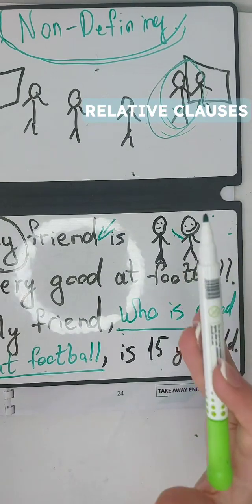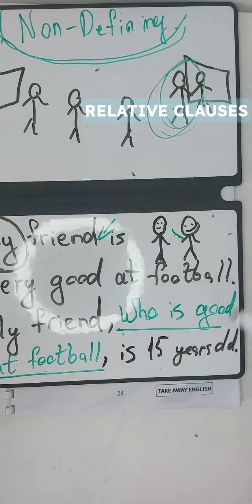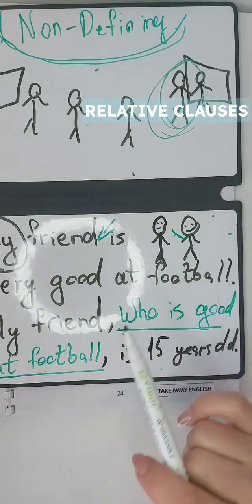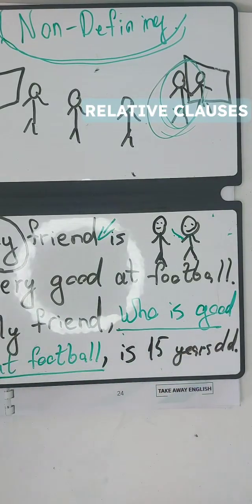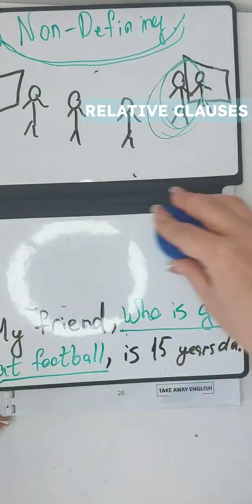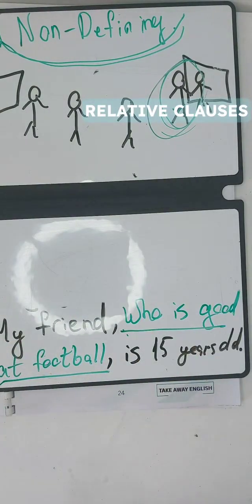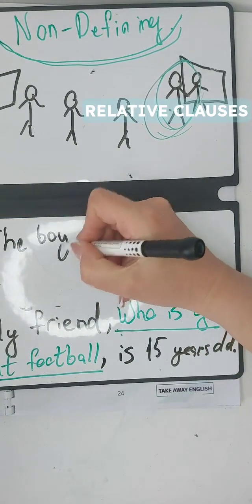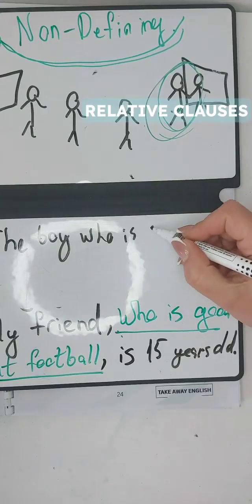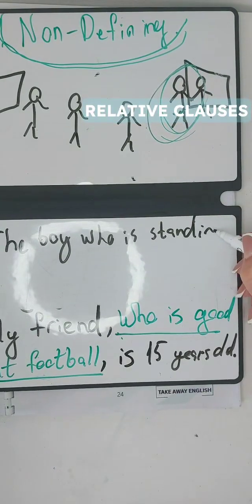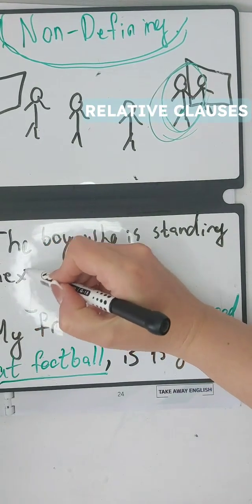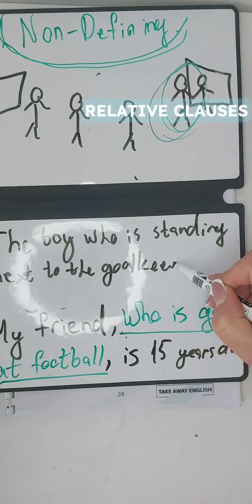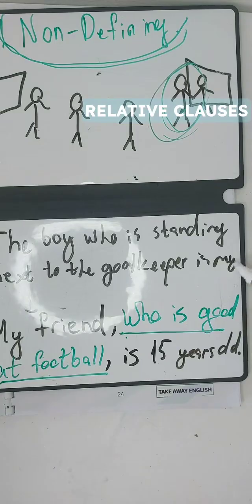Now, can you notice the difference between defining and non-defining relative clauses? The boy who is standing next to the goalkeeper is my friend.